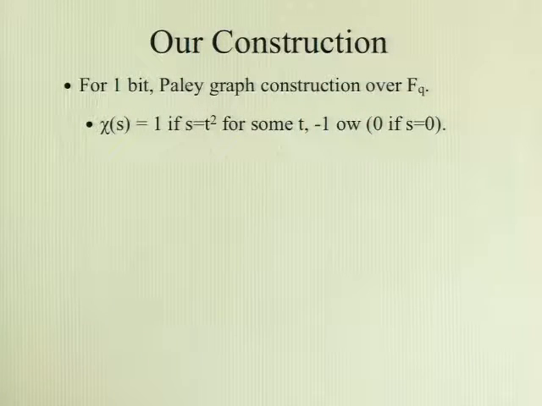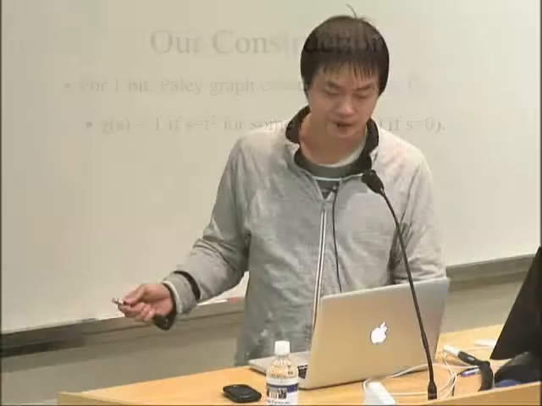So to be more specific, we let chi be the quadratic character. If s is the square of some element, then chi(s) is 1. If not, then it's -1. If s equals 0, then this is 0. Of course, you can very conveniently convert this +1, -1 into 0 and 1.